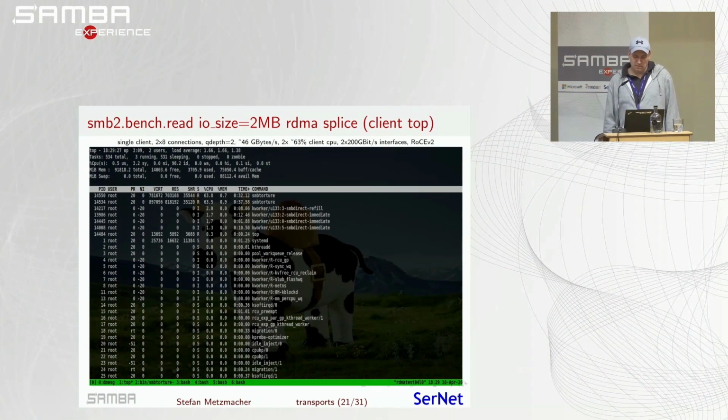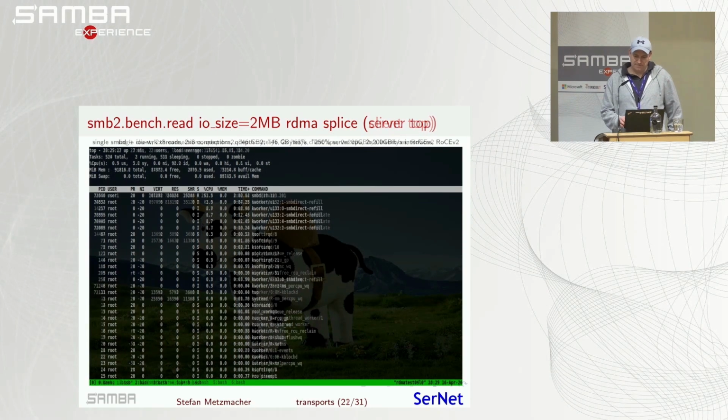And for that, on the client side, we see just 2 SMB torture commands, both using about 33% client CPU, and compared to the 700% CPU for the TCP case, this is basically nothing, and more than twice the bandwidth.